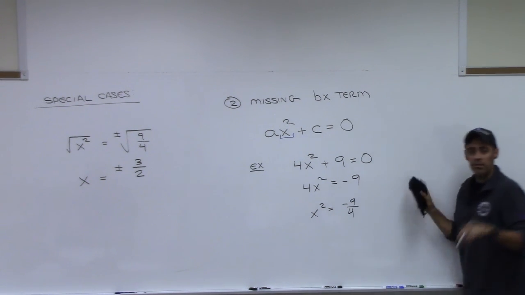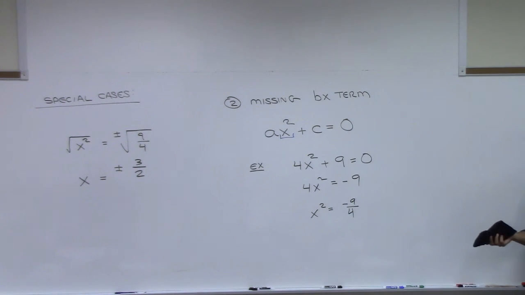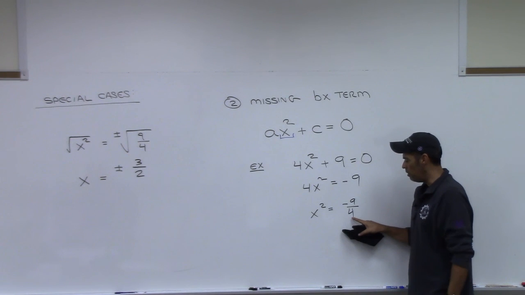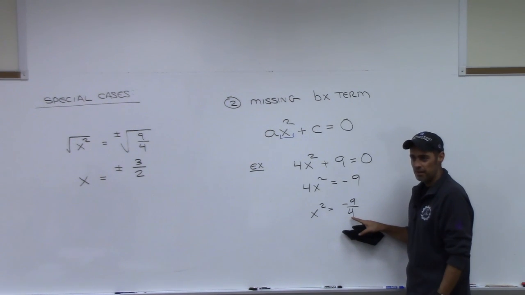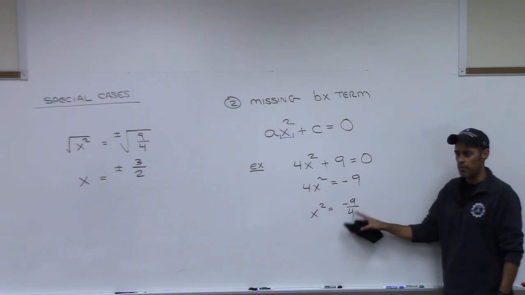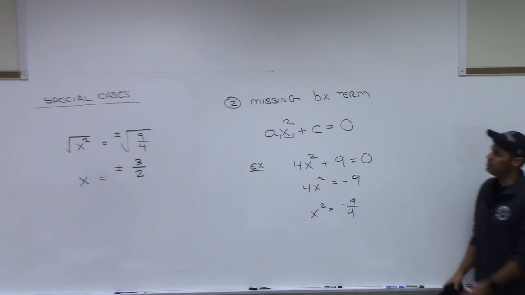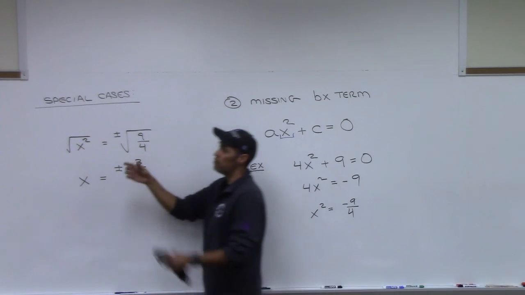And then at this point, you would take the square root. But what's wrong with that? You're going to have a square root of a negative, right? You live in a fishbowl, so you can't do that, right? So what would we say? No solution. All right? So we have no solution there. All right, so that's special case 2. Special case 1 was we're missing the c.